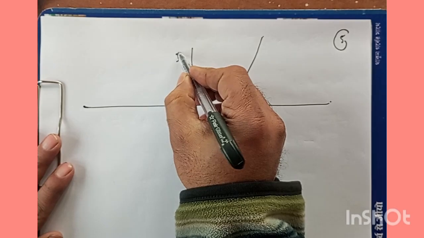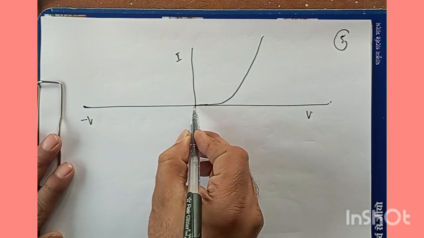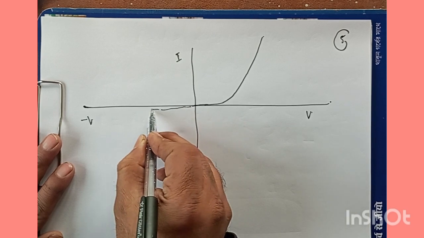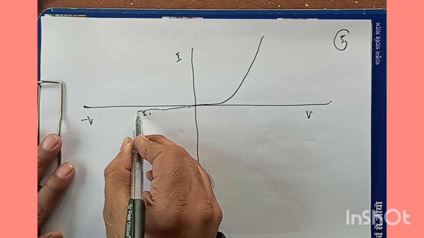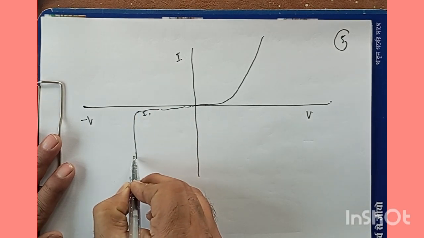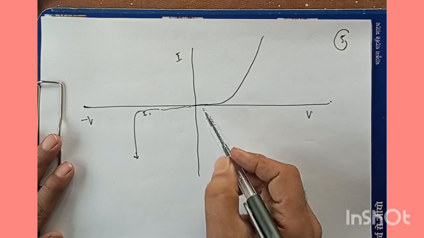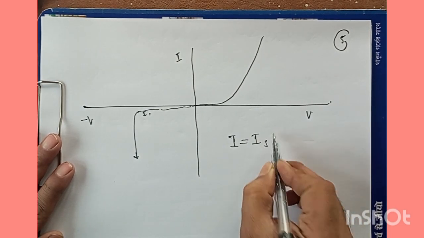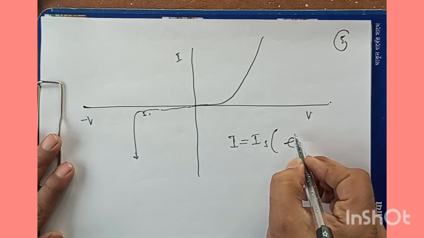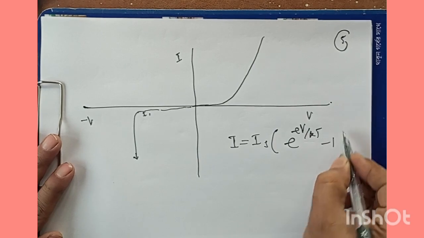So this is my current and this is my voltage. Now this is my reverse voltage. In case of reverse voltage, it goes like this. Then this is our saturation current, and then we have a breakdown depending on how we are dealing with the PN junction. But here, this equation, I equal to IS times e to the power of EV by KT minus 1, is completely consistent.